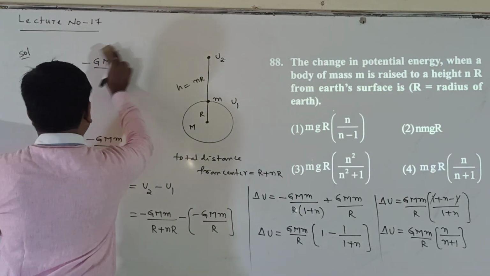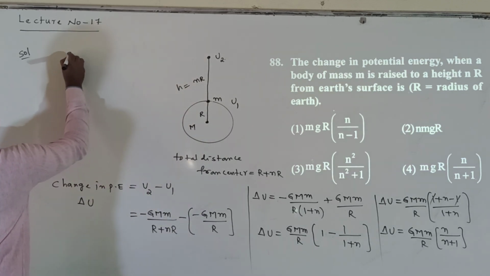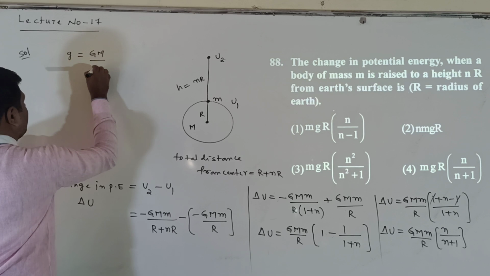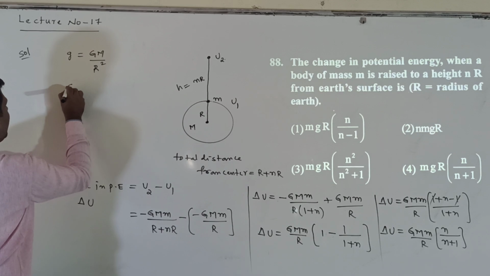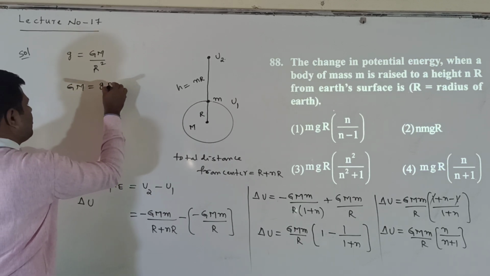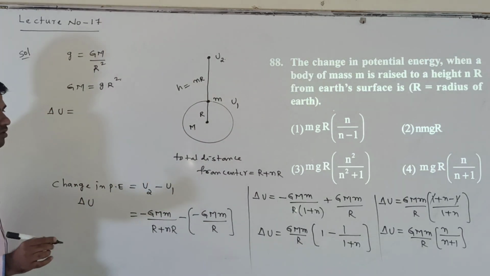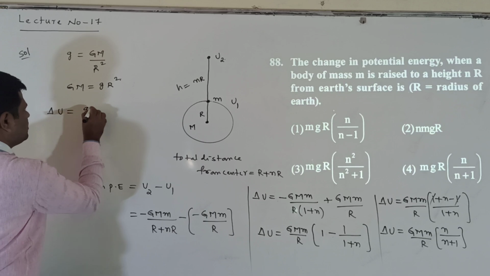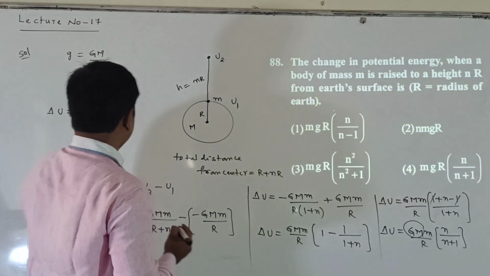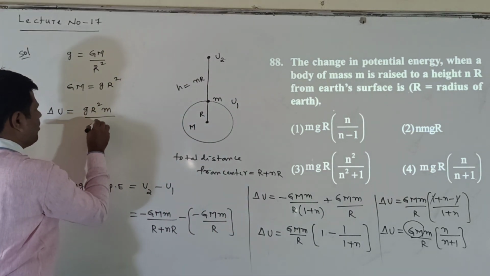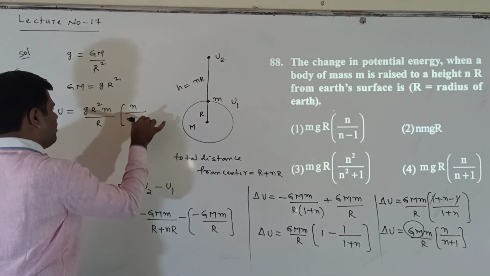So how do we make that change here? On the surface of the earth, we already know that g is equal to GM by R square. So GM is equal to g into R square. Substituting that value, in the place of GM I write g into R square, into m as usual, by R. Here n by (n plus 1).